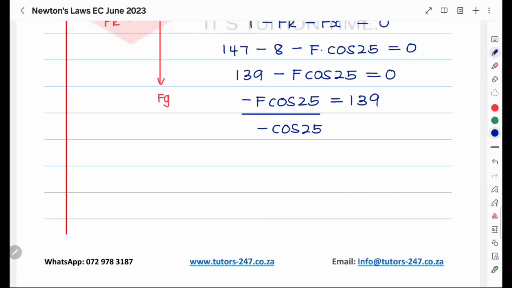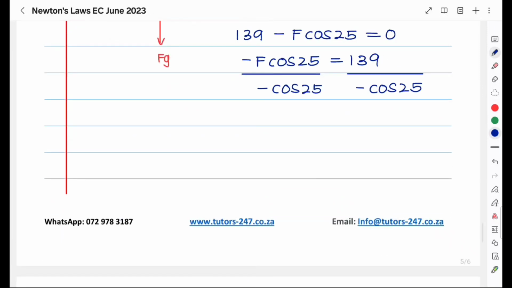We can divide both sides by negative cos of 25. 139 divided by negative cos 25 is negative 153.37. Don't forget that the question stated magnitude, so we do not include the negative sign. We ignore it, as that implies direction.